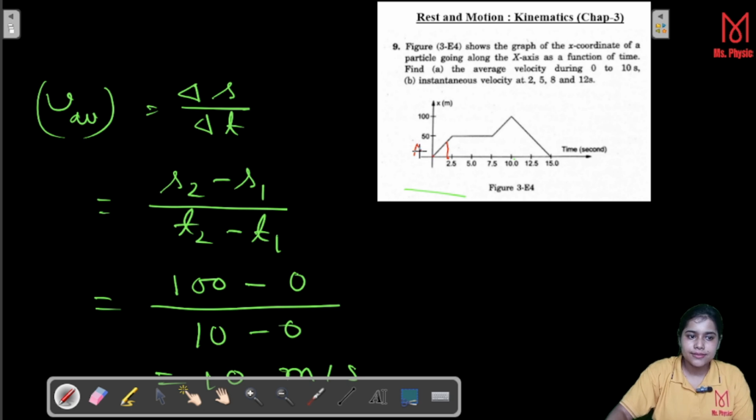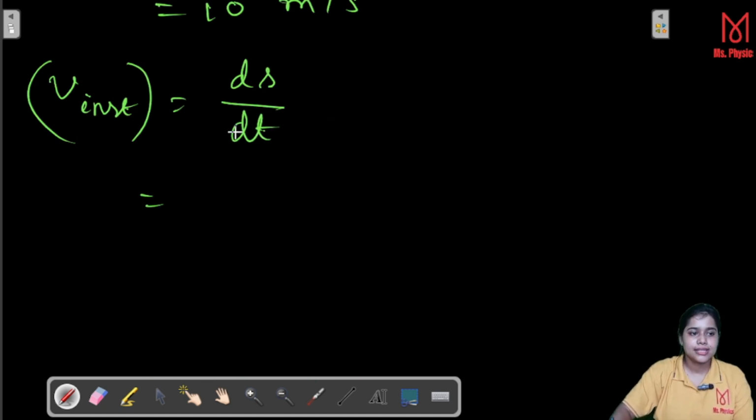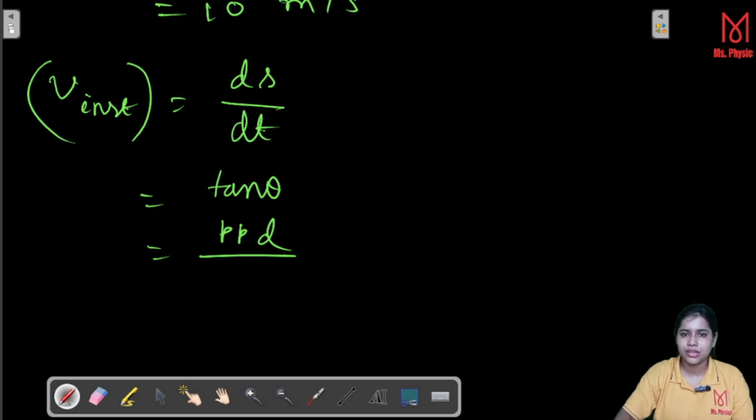If I give the names A to B, this is point B, and from A to B you see that the slope is the same. If this is your theta, then theta remains the same from A to B. Therefore, as I told you, ds by dt is equal to tan theta. Tan theta is equal to perpendicular over base. All these formulas, just try to put in your mind forever. You don't forget it. Perpendicular over base.